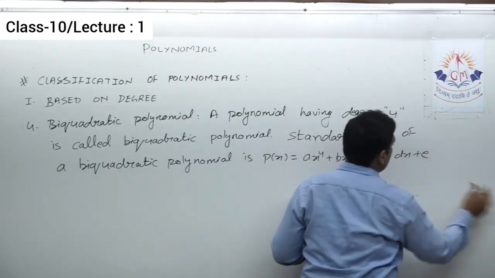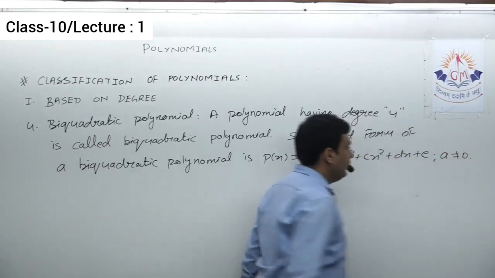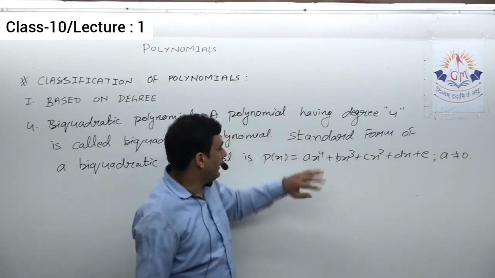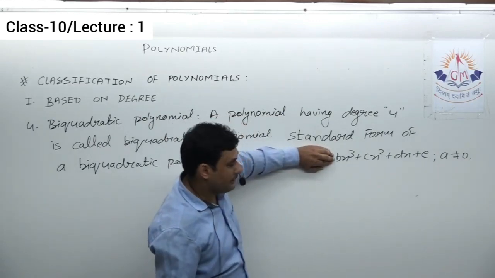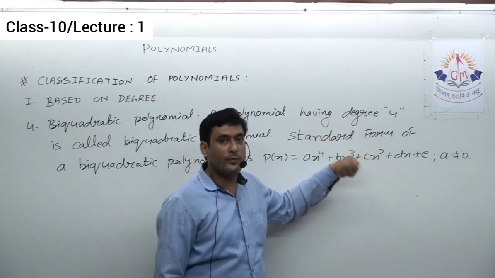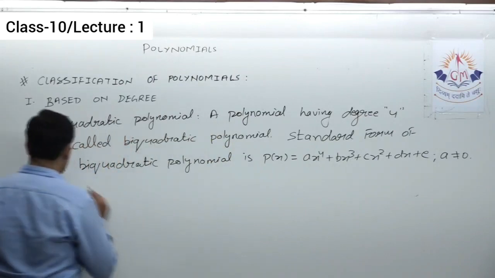Again the same condition, that a should not be equal to 0. Again I am talking about the leading coefficient. If I make it 0, this starts from bx^3, and in that case the maximum power of the variable becomes 3 and this will become a cubic polynomial.